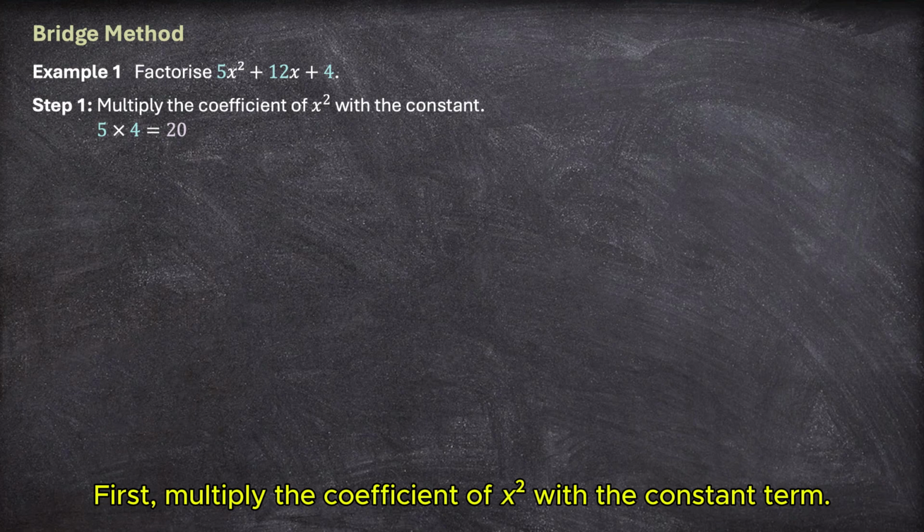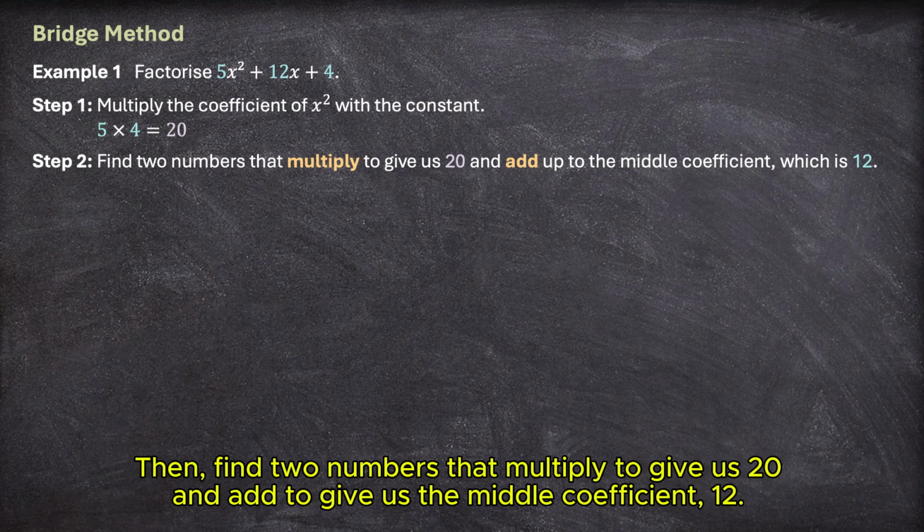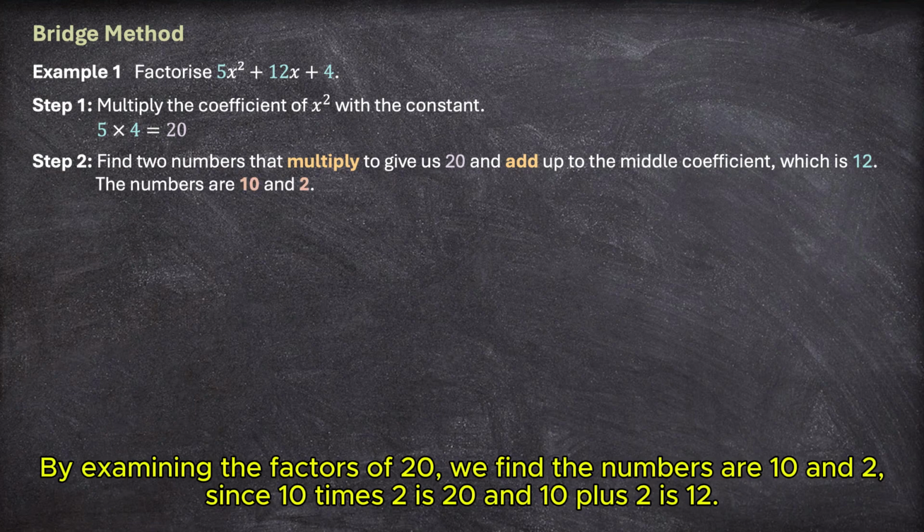First, multiply the coefficient of x squared with the constant term. Then, find two numbers that multiply to give us 20, and add to give us the middle coefficient, 12. By examining the factors of 20, we find the numbers are 10 and 2, since 10 times 2 is 20 and 10 plus 2 is 12.